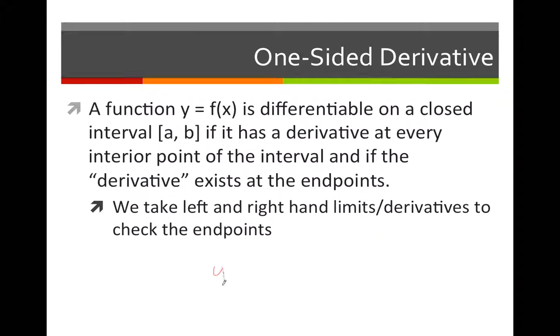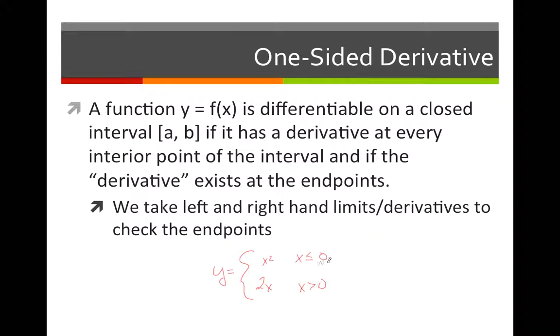Like if I gave you y equals x squared when x is less than or equal to 0, and 2x when x is greater than 0. We can use left-hand and right-hand limits to show that there's no derivative at x equals 0, because the limits have to be the same value.